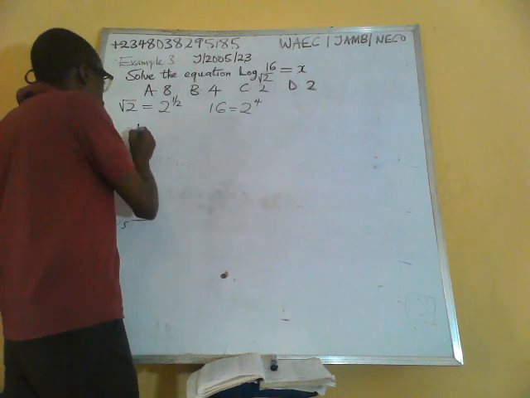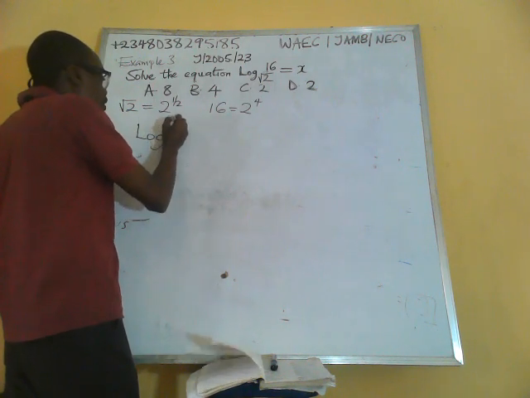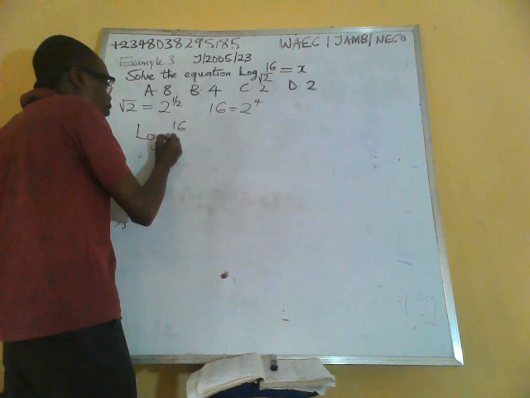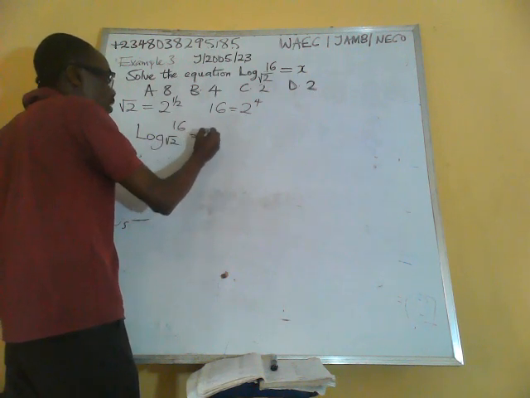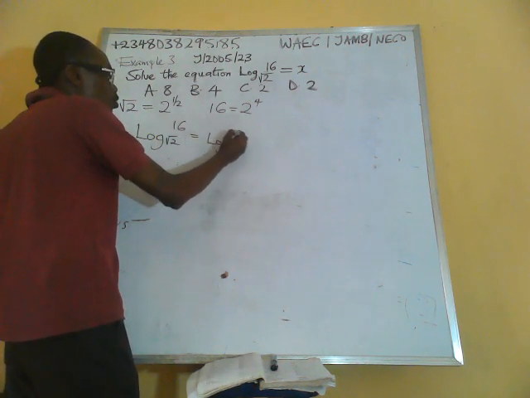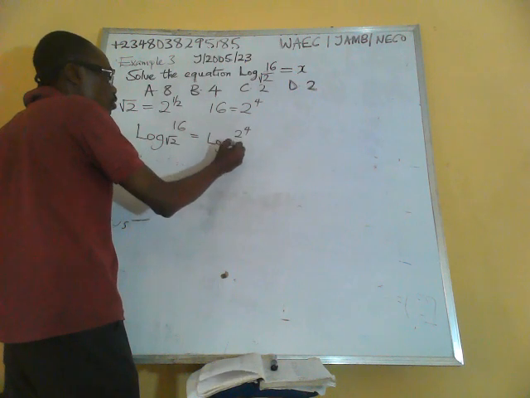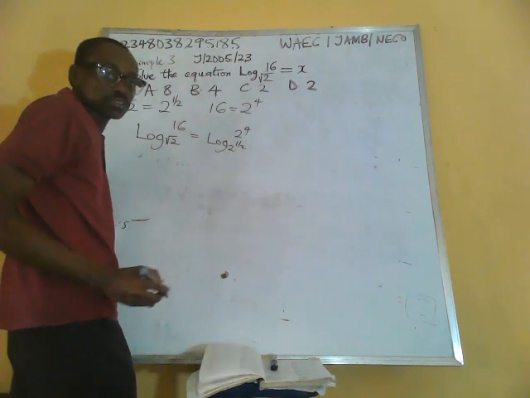So log of 16 to base root 2 is going to be written as log of 2 raised to power 4 over log of 2 raised to power half.